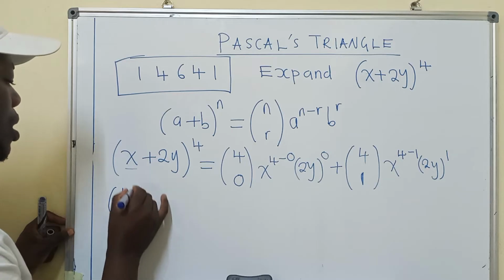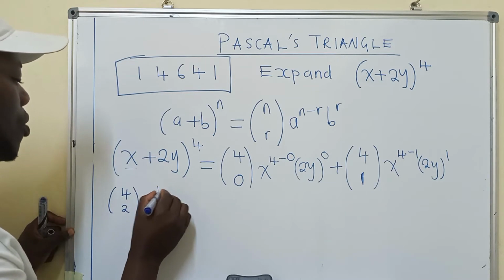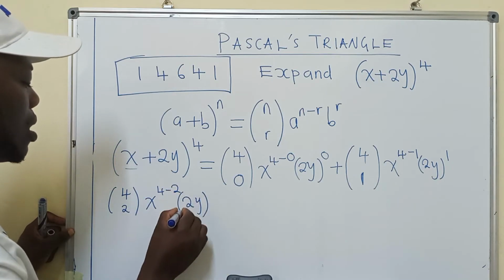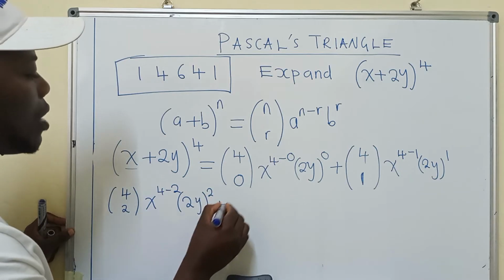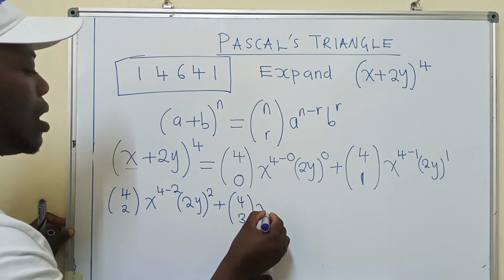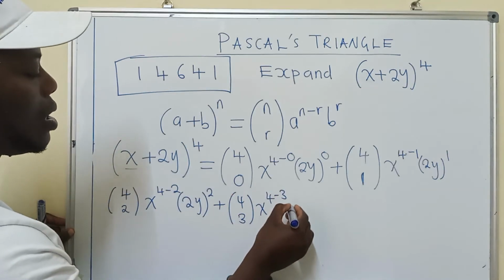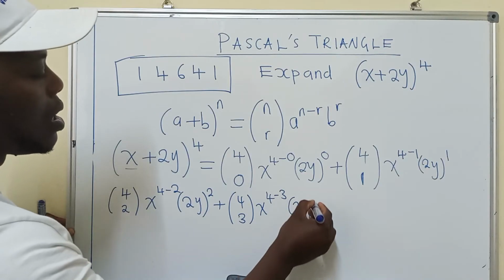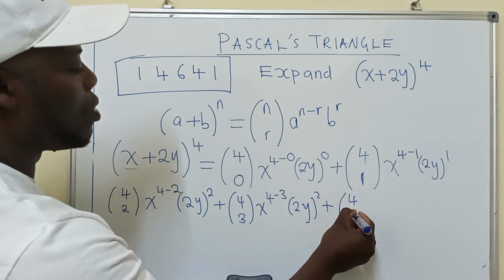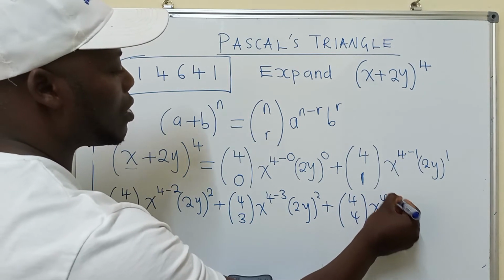4, 2 here. Here it's x, 4 minus 2, 2y power 2, plus here 4, 3, x 4 minus 3, 2y power 3, plus here 4, 4, x 4 minus 4.